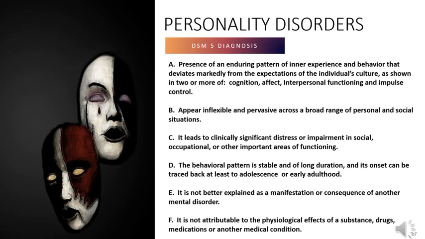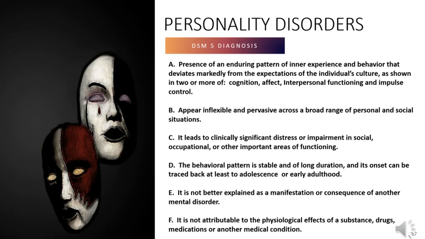B. The behavioral pattern must appear inflexible and pervasive across a broad range of personal and social situations. C. The enduring pattern leads to clinically significant distress or impairment in social, occupational, or other important areas of functioning. D. The behavioral pattern is stable and of long duration, and its onset can be traced back at least to adolescence or early adulthood.